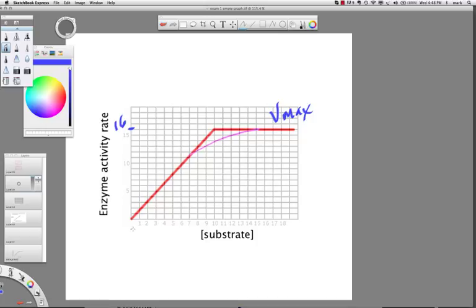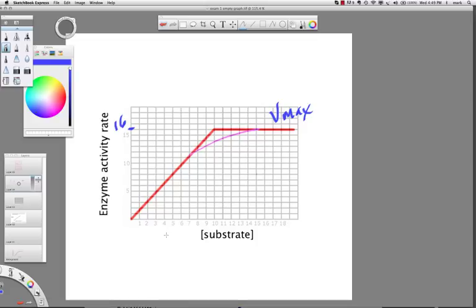And so what we see is that enzyme often is being limited by how much substrate is present, or a combination of how much substrate is present and how good it is at going out and finding substrate and binding substrate in its active site.